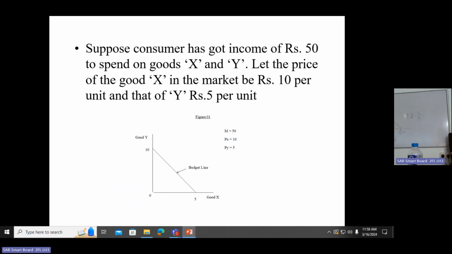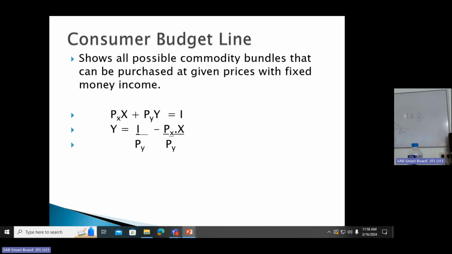If there is a decline in the price of product Y, this curve rotates from the y-axis, right? Because money income does not change, it remains M0, but there is a decline in the price from 1 to 2, because Py1 is higher than Py2.